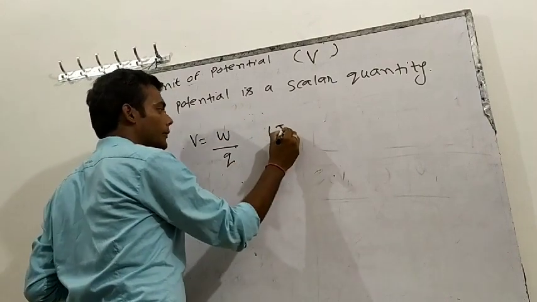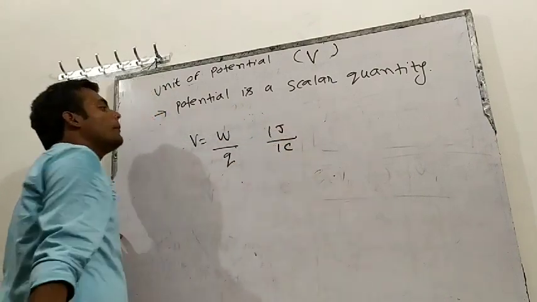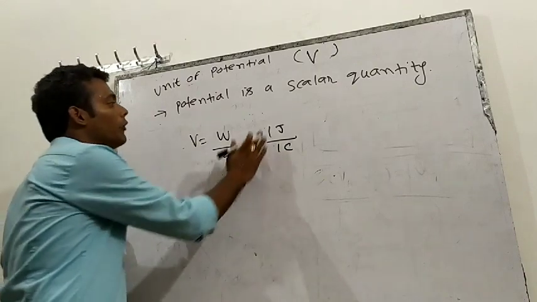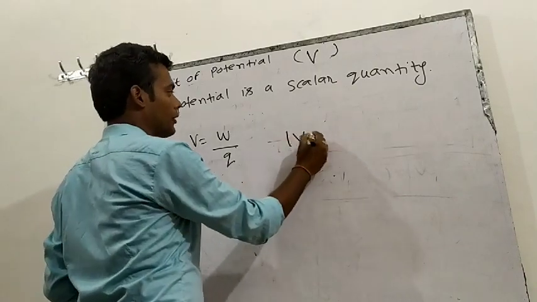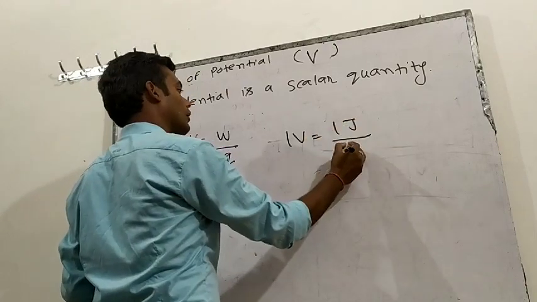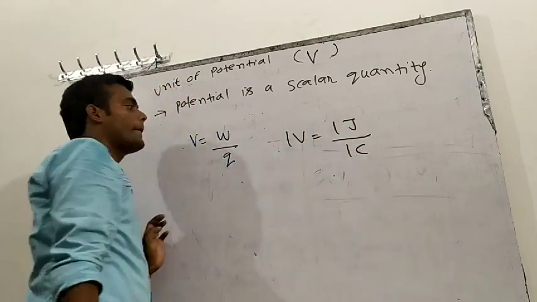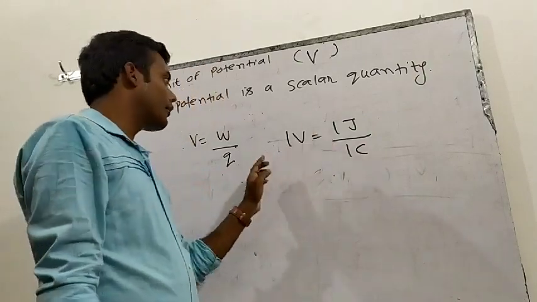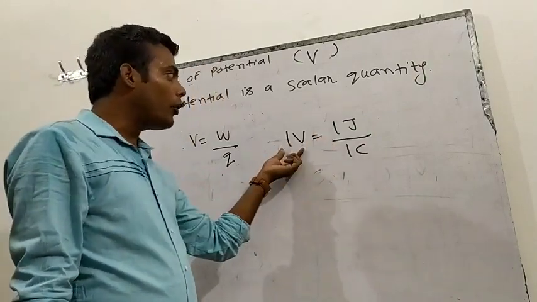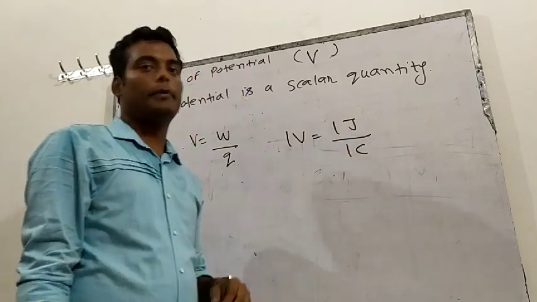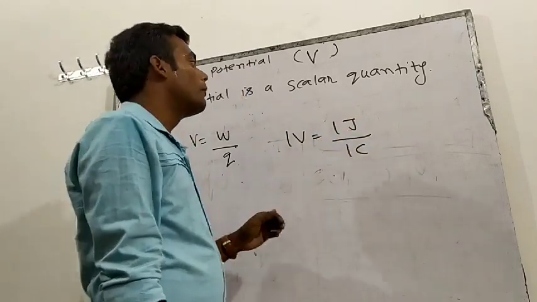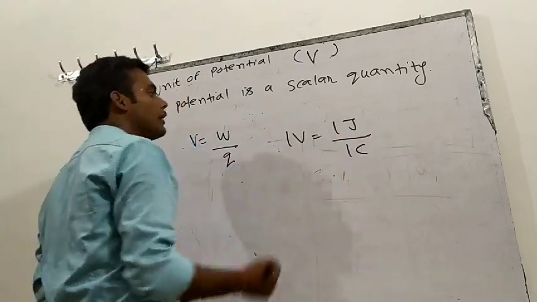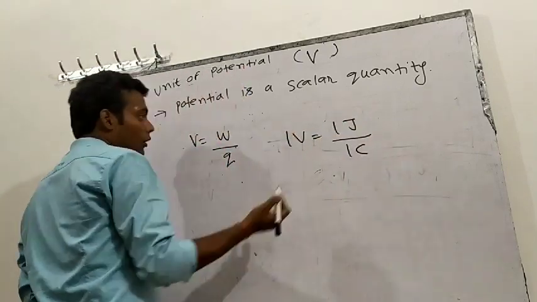This is 1 joule and this is 1 coulomb, so this will be equal to 1 volt. Clear? So 1 volt is equal to 1 joule per coulomb.